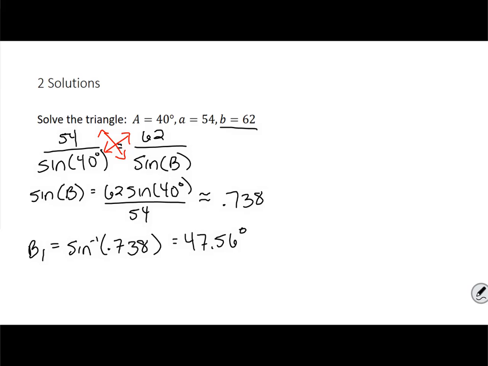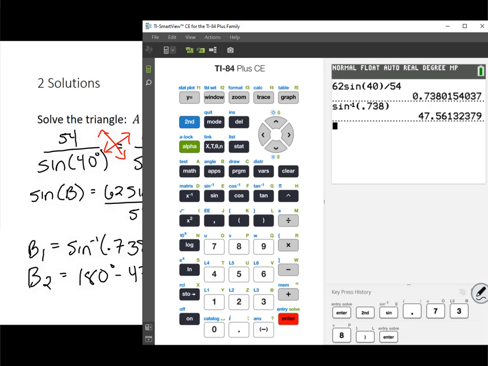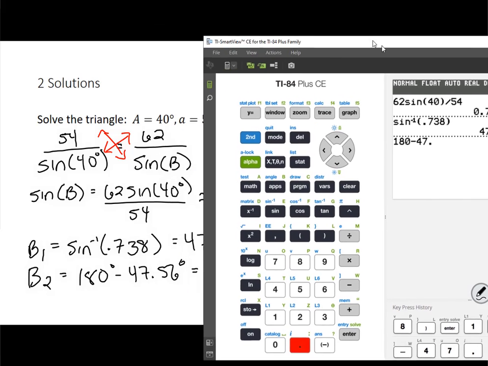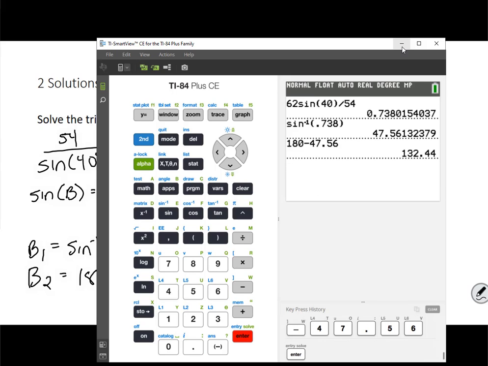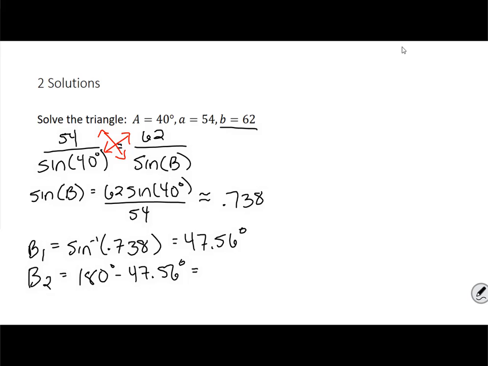So to find that quadrant 2 angle, angle B2 is going to be 180 degrees minus my B1, which is 47.56 degrees. All right, and I get 132.44 degrees.